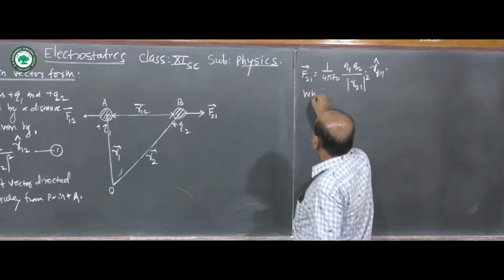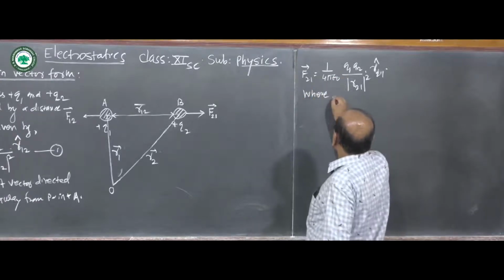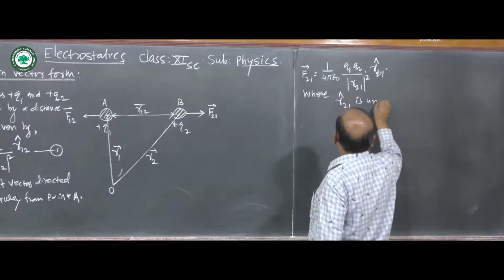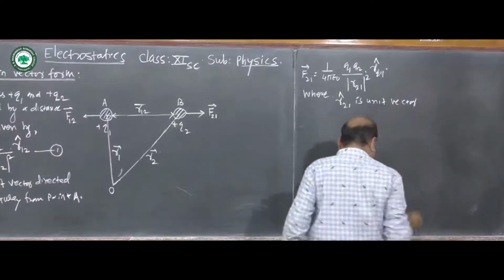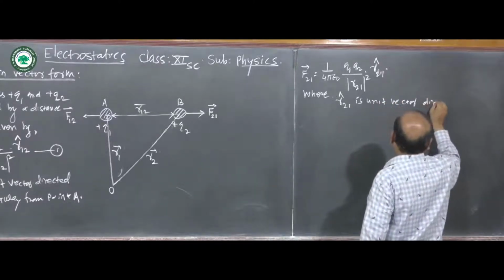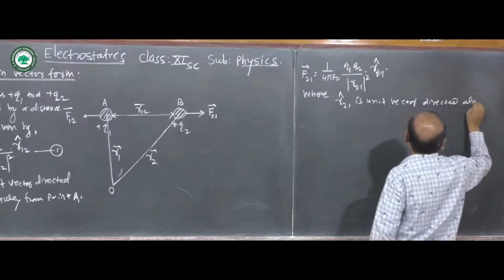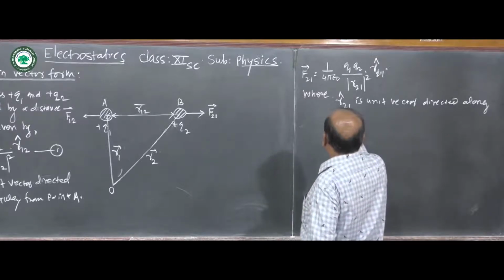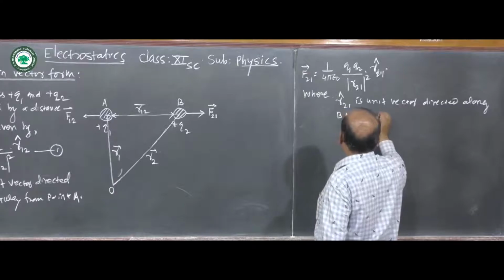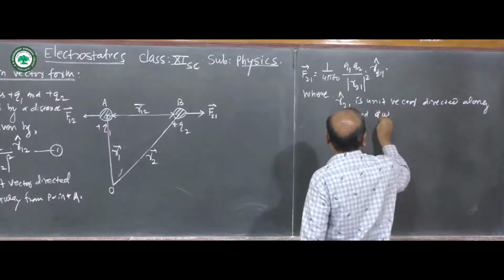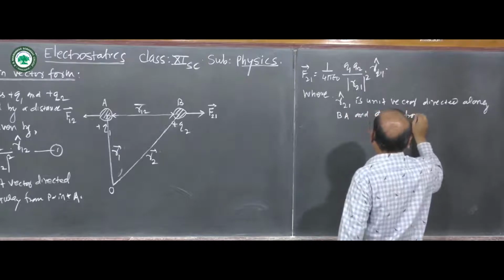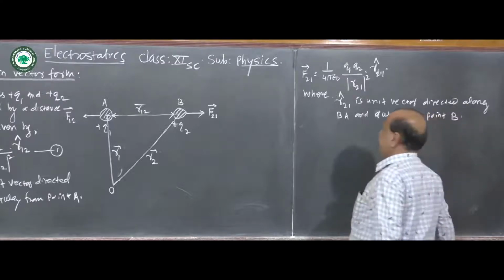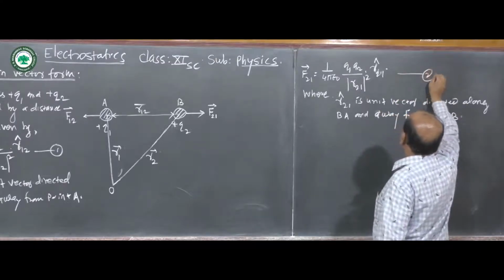Here R21 cap is a unit vector directed along BA and away from point B. This is equation 2.